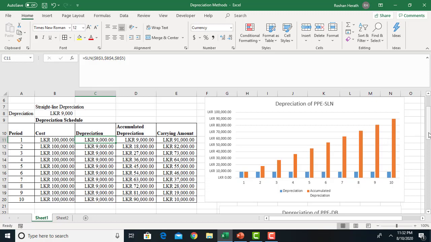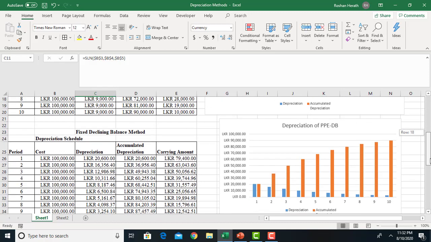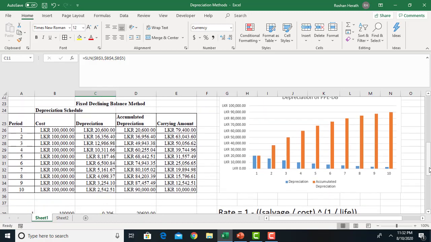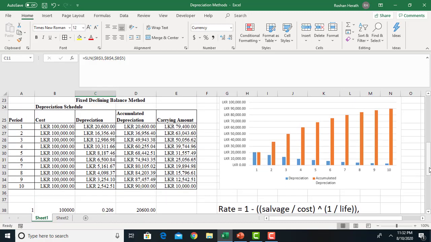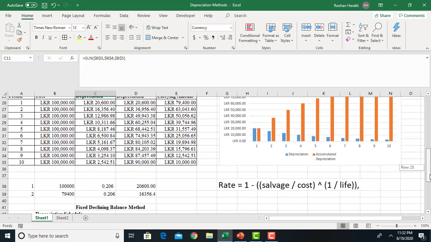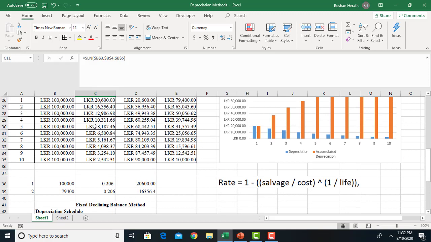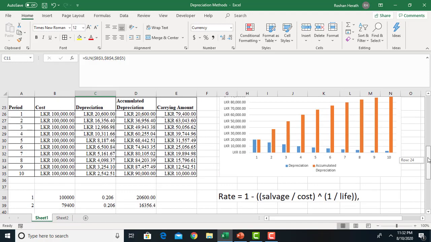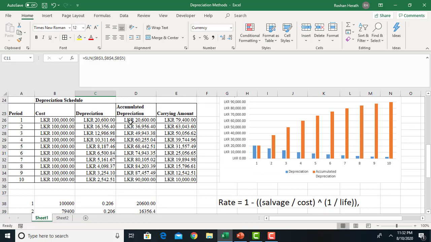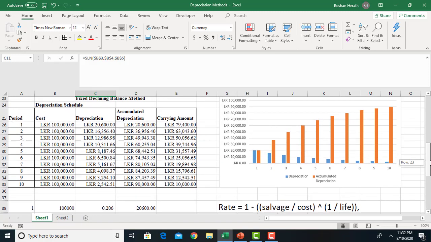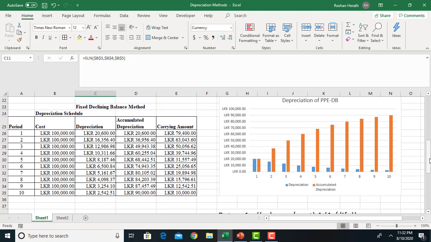However, here we have witnessed the fixed declining balance method. It is a little comprehensive and a little complicated, especially when it comes to generation of this rate. Having considered this complexity, they would have introduced the time apportioning to the particular function. That could have been the reason, right?